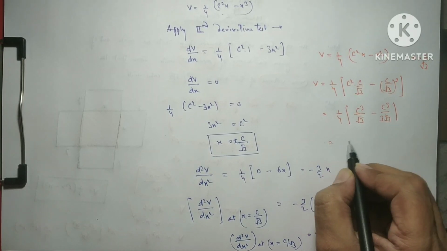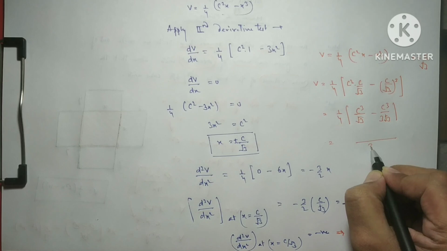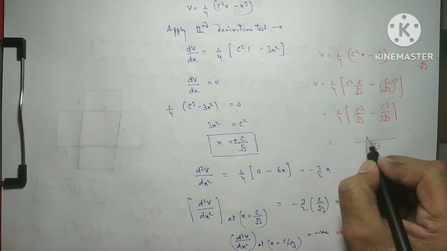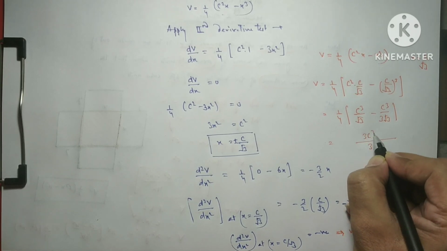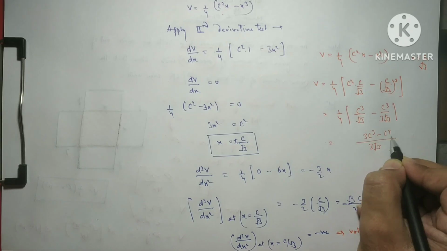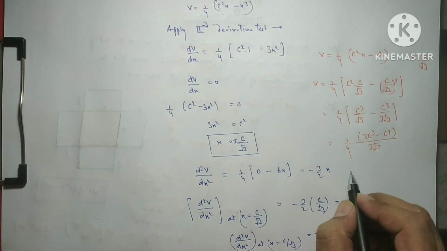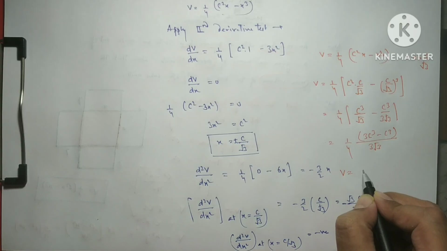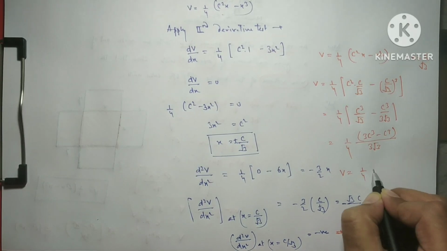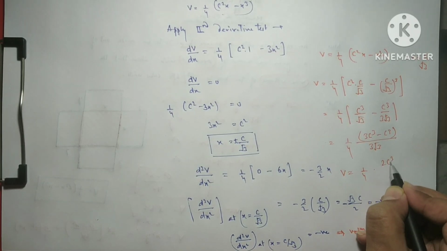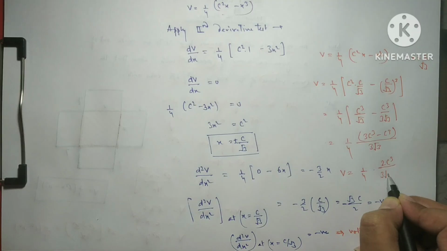On taking LCM, 3 root 3, we get 3c cube minus c cube. So it is 1 over 4 into 2c cube over 3 root 3.